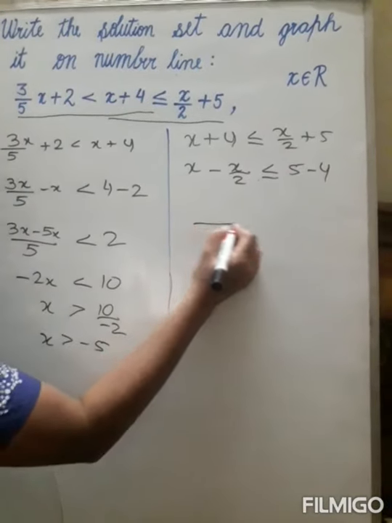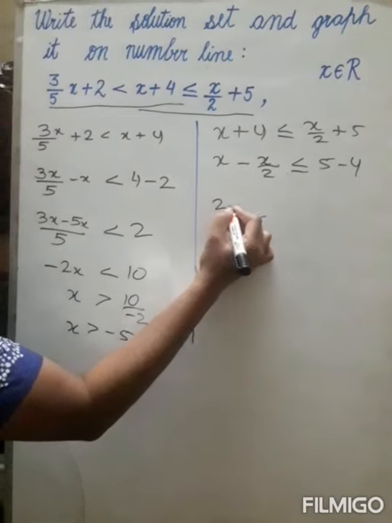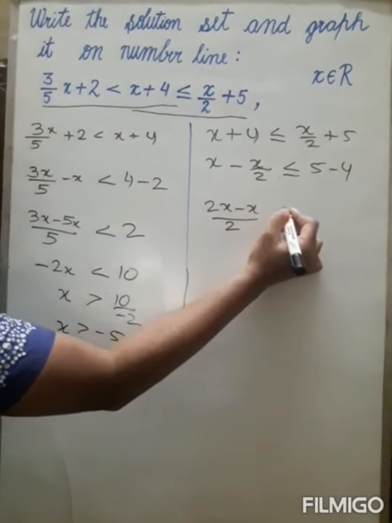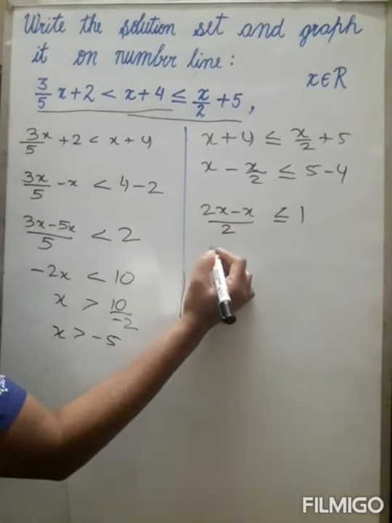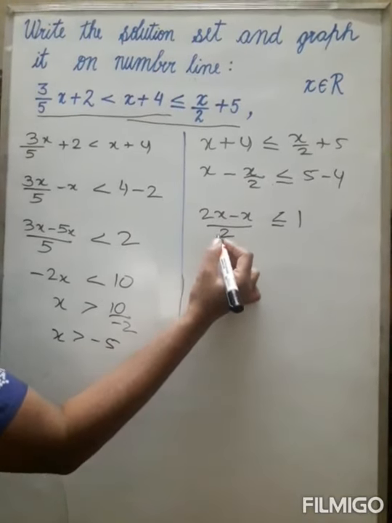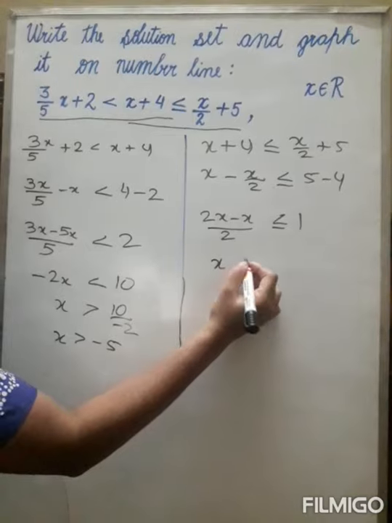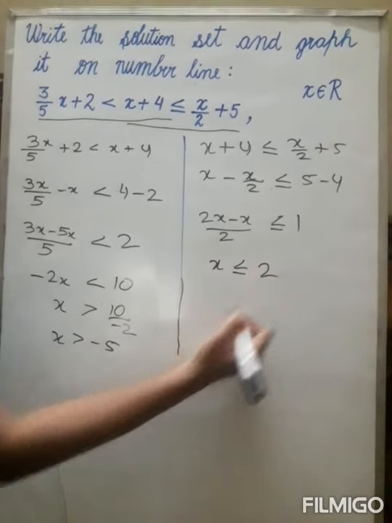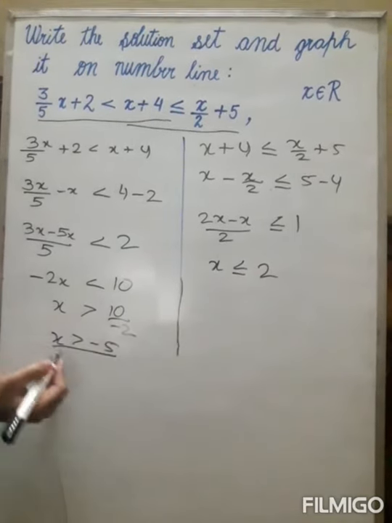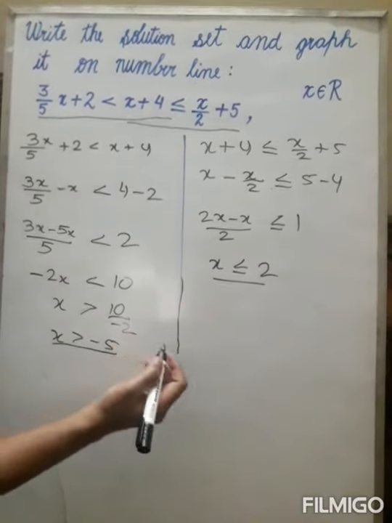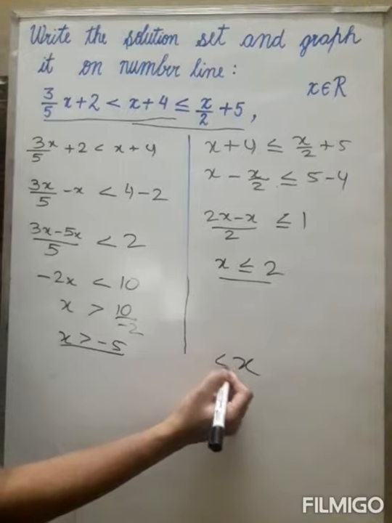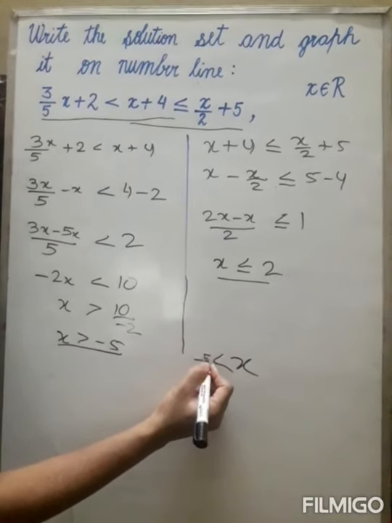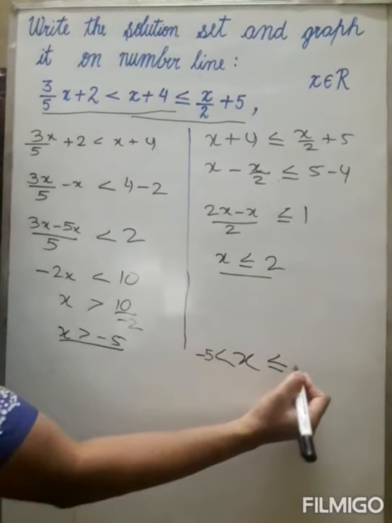Now again we will take the LCM 2, and this will become 2x minus x. 5 minus 4 is 1. Now this 2 is multiplied on the other side, and here we will get 2x minus x is x, less than or equal to 2. So we have two solutions, one is this and one is this. We are going to merge them. So basically what we will have is x is greater than minus 5 and less than or equal to 2.